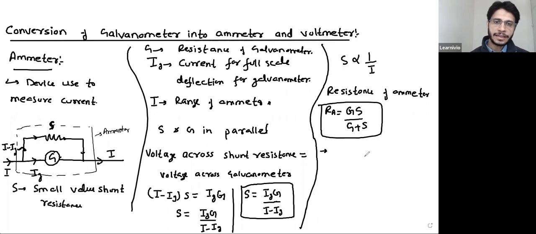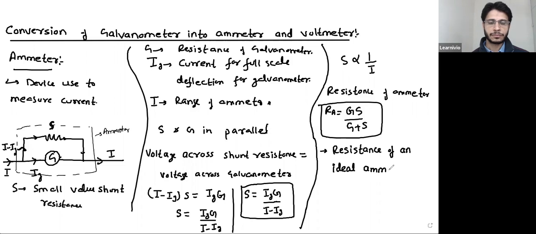If I say that I need an ideal ammeter, the resistance of an ideal ammeter is 0. It's best if it doesn't have any resistance. It will not offer any error. So the resistance of an ideal ammeter is 0.